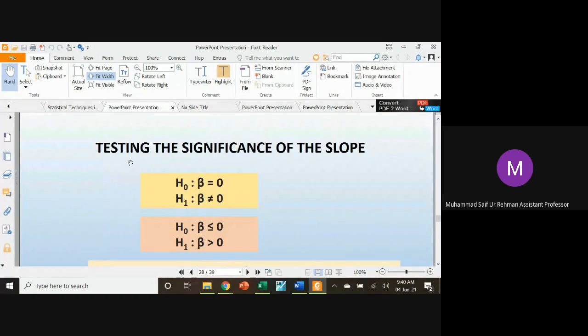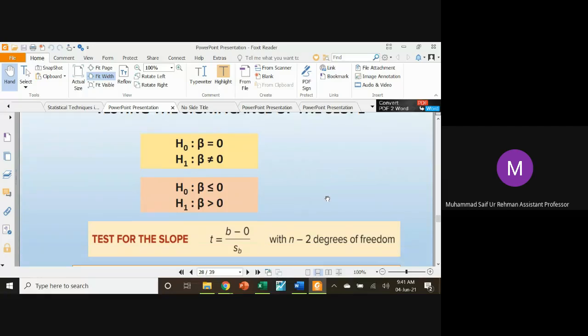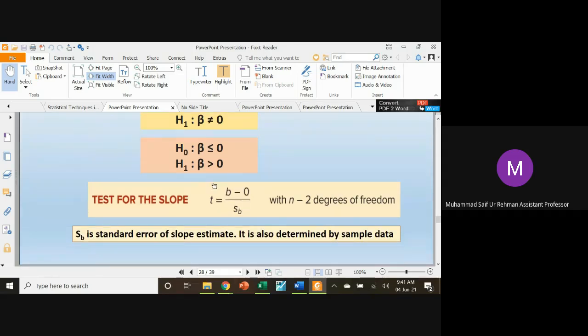What we call this is testing the significance of the slope. We are basically interested in finding out the significance of the slope. So how will you find out the significance of the slope? We are interested in finding out whether the slope, beta, is equal to 0 in the null hypothesis or it is not equal to 0. So you will use this formula: t is equal to b minus 0 over s_b.